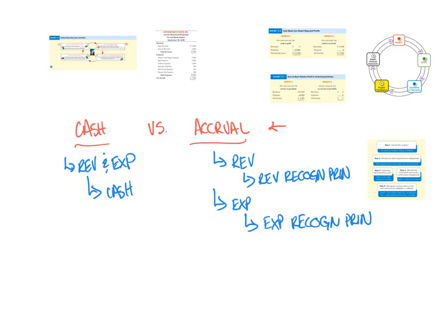You could say that the ultimate goal of an external user of financial information is to determine whether or not a company is going to make money in the long term. Keep in mind that the goal of financial statement information is to be usable to the decision maker. And so ultimately, if we're trying to predict whether or not a company is going to, in the long term, be cash flow positive, the financial statement information in the short term has to help us have that predictive or confirmatory value when a financial statement user looks at the information.